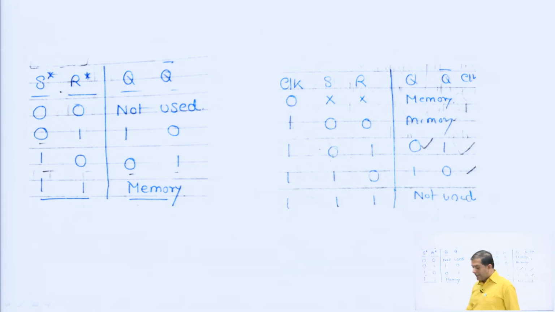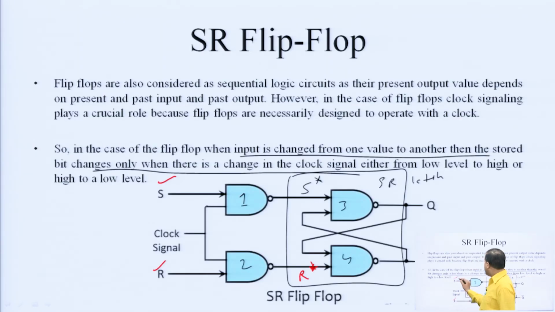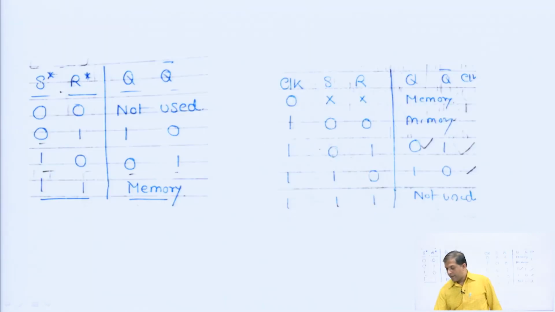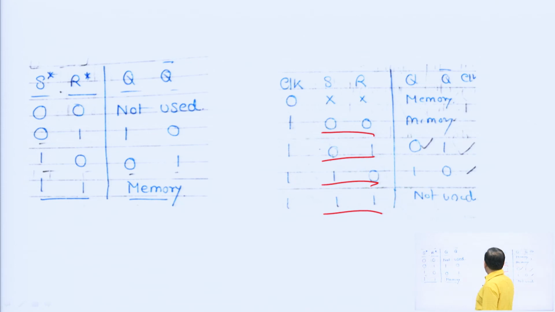Now, using this we will design the S and R. S and R are 2 variables with 4 combinations: 0 0, 0 1, 1 0 and 1 1, and a clock. If clock is 0 then there is no need to check S and R.